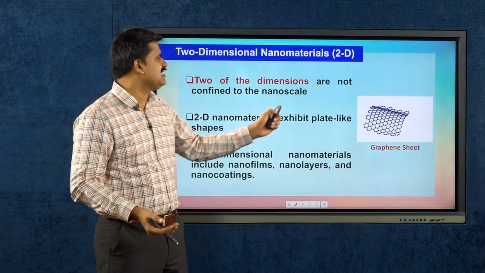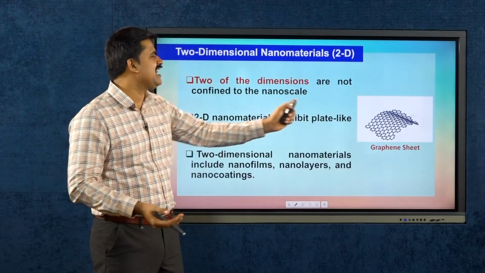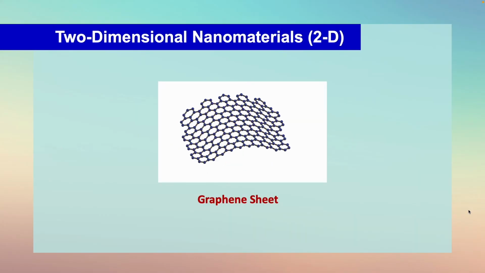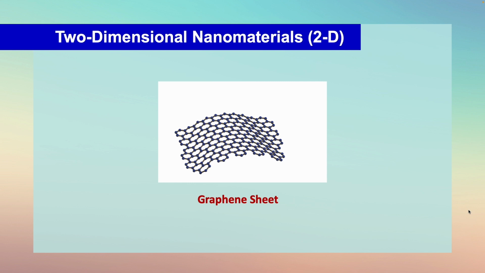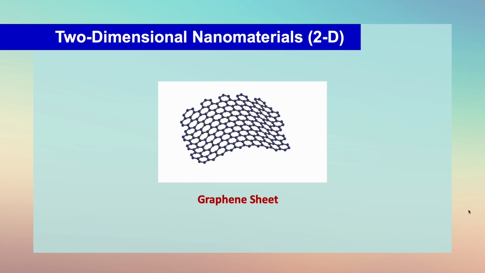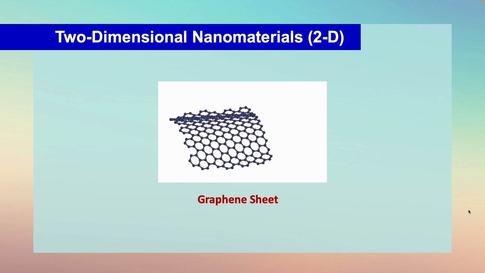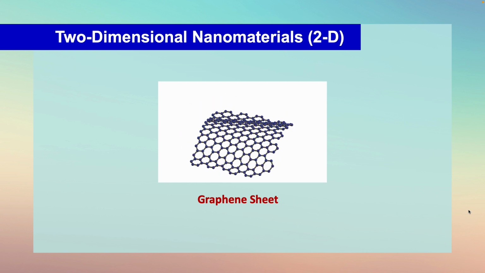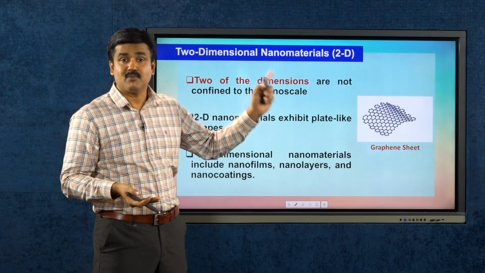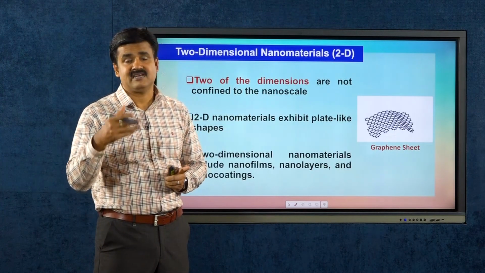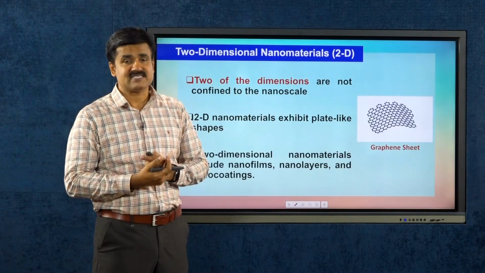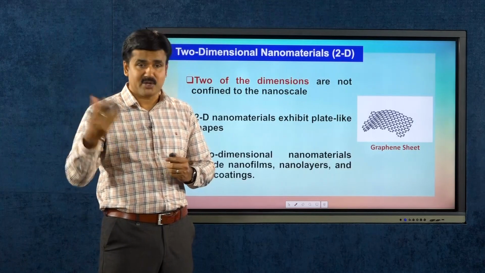2D nanomaterials exhibit a plate-like shape. This moving picture represents a 2D nanomaterial, which is nothing but the graphene sheet. We can study more details about graphene and other carbon-based nanomaterials in coming modules.